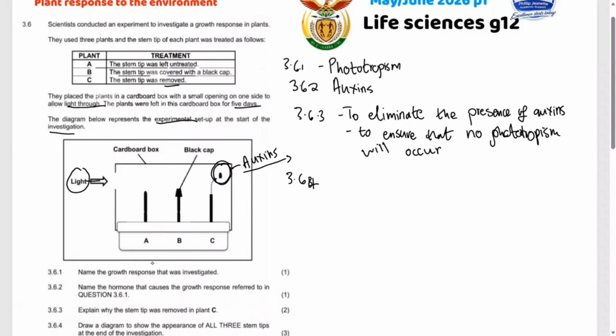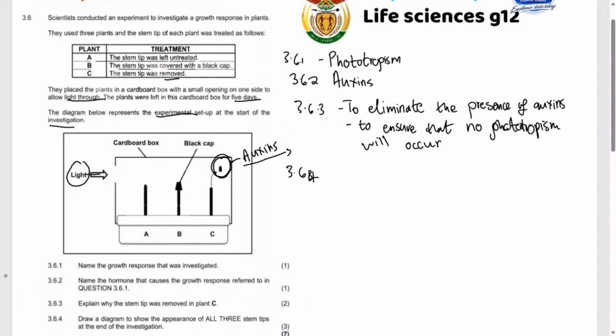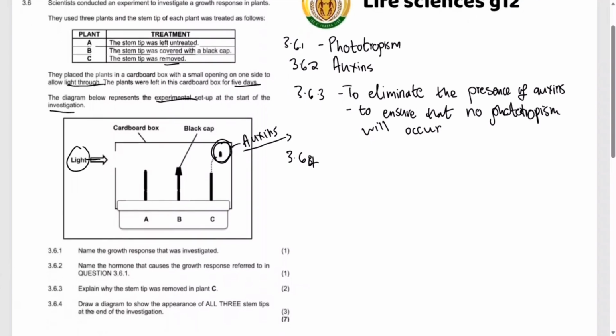Question 3.6.4, they say draw a diagram to show the appearance of all three stem tips at the end of the investigation. After a few days, what will happen? Since this is the light, we might have something that will look like this.